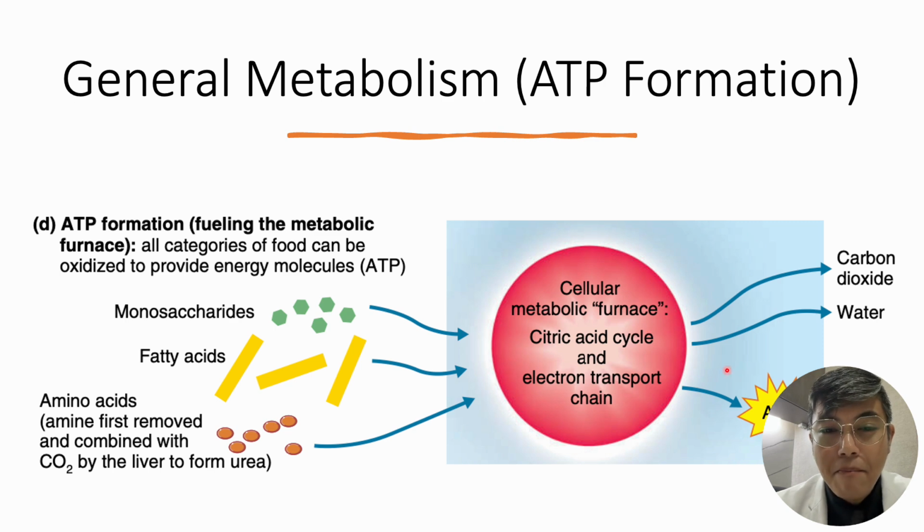Okay? At ang pinaka-waste product nito would be your carbon dioxide and water. And kailangan doon sa ating Krebs cycle or sa ating electron transport chain and citric acid cycle, dito tayo nagpo-produce ng energy. Again, the waste product of your Krebs cycle is carbon dioxide and water.